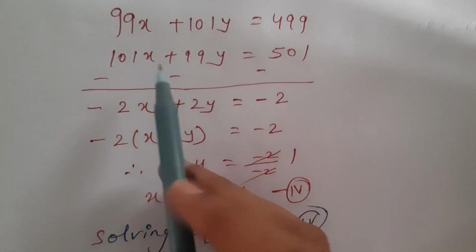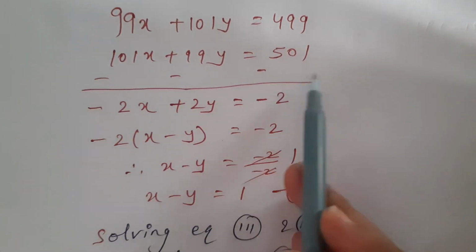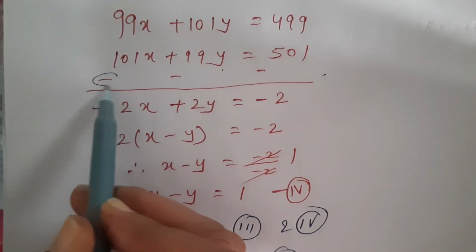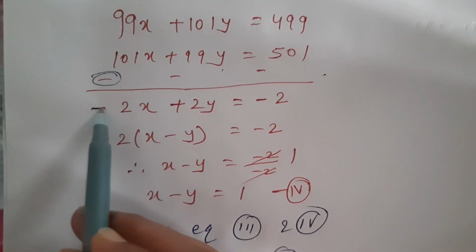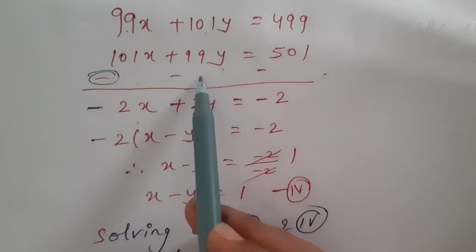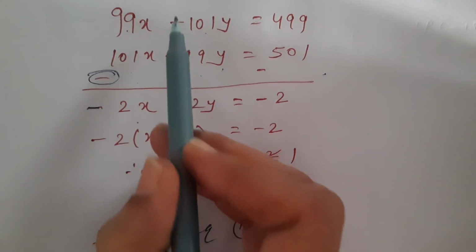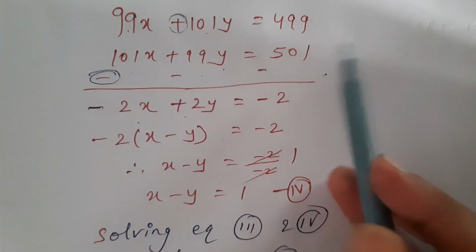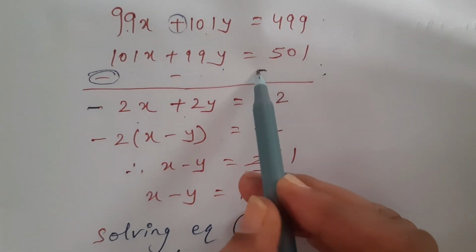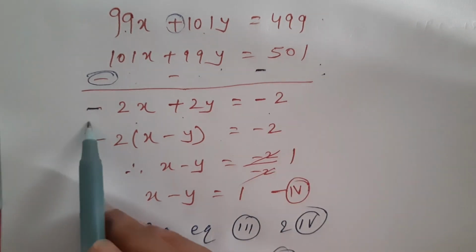Now let's start with the same equations by subtracting. If we subtract both the equations, as here the bigger number is 101, we get minus sign. 99 minus 101 is minus 2. And the same way 101 minus 99 is plus 2, as here the bigger number is plus. 499 minus 501 is minus 2, as the bigger number is minus. Now we can take minus common.